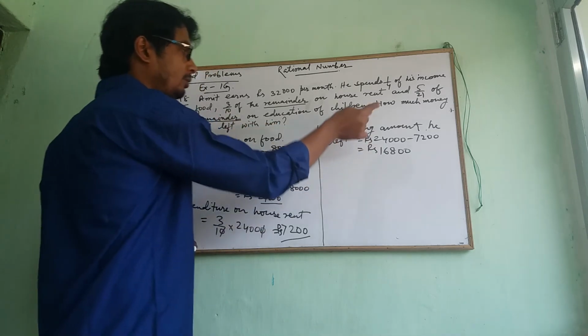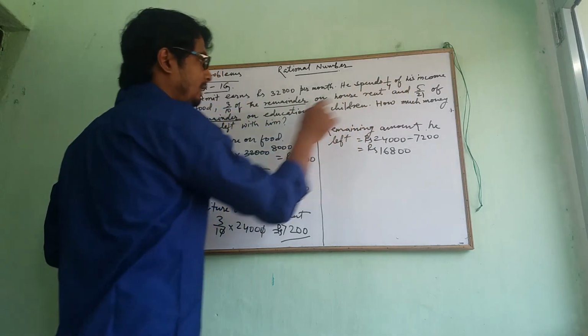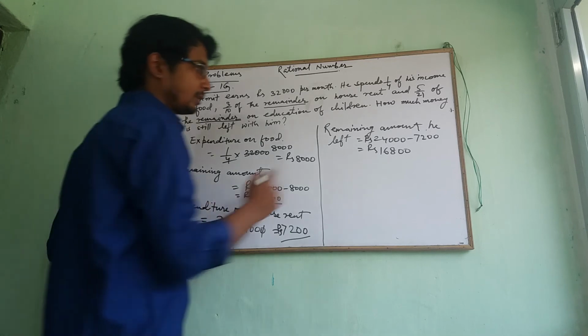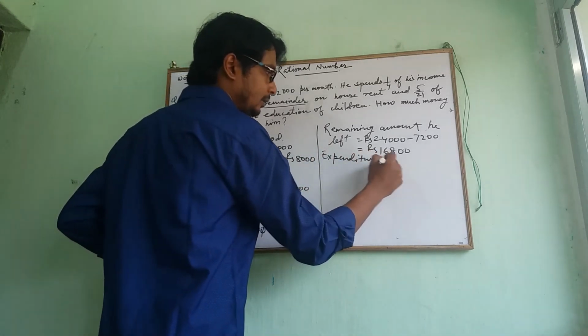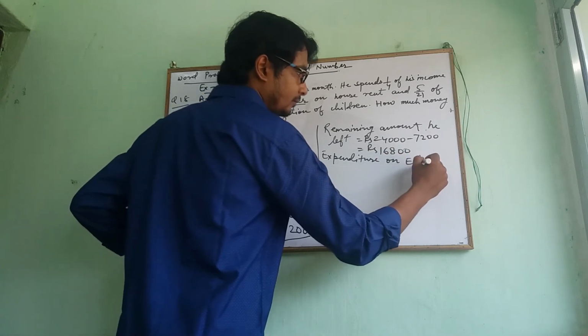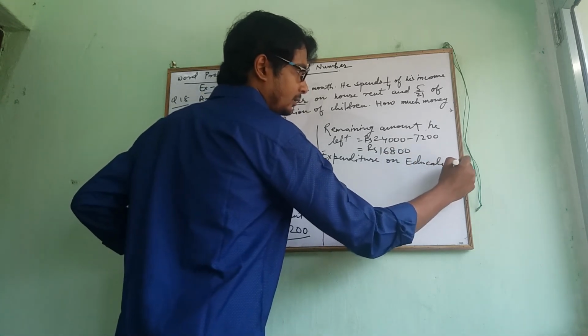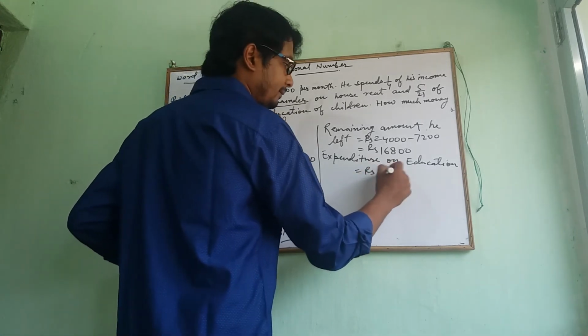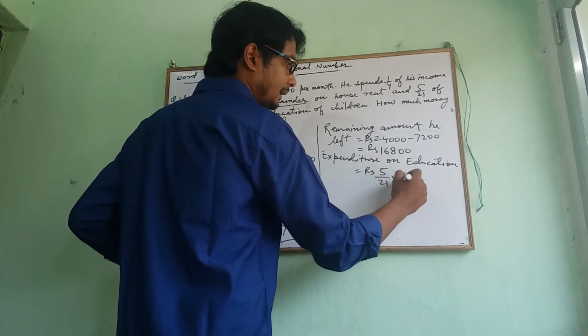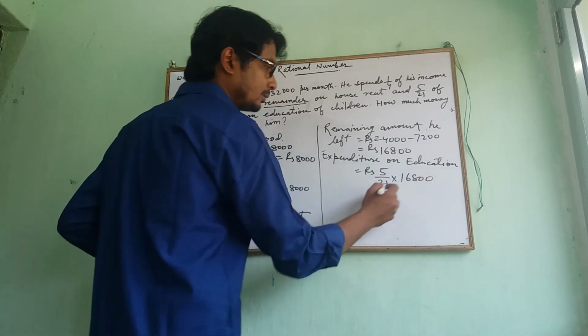Now the remaining amount, in which 5 by 21 he spent on education. So expenditure on education is equal to rupees 5 by 21 multiplied by 16,800.